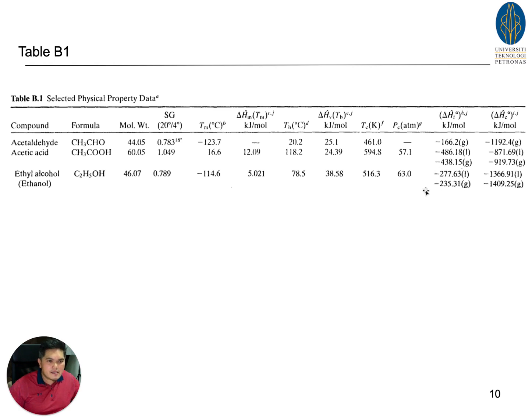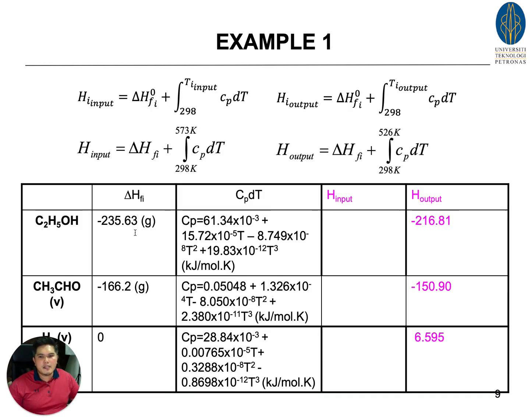So we pick negative 235.31. When we go back to the table, we pick that value, 235.63, which is a little bit different here, but it's the same, and 166.2. We insert them here and calculate the integral of CpdT from 298 to 573, as well as from 298 to 526, so we can calculate the H input and H output here.